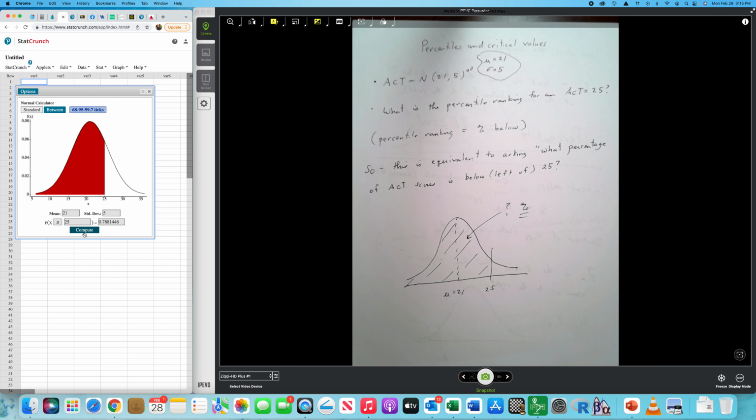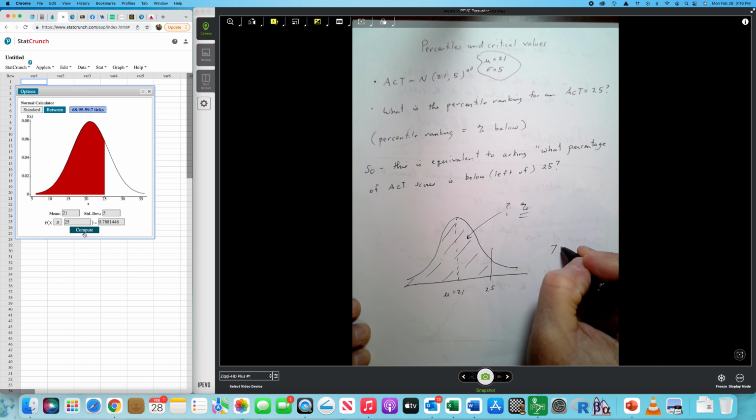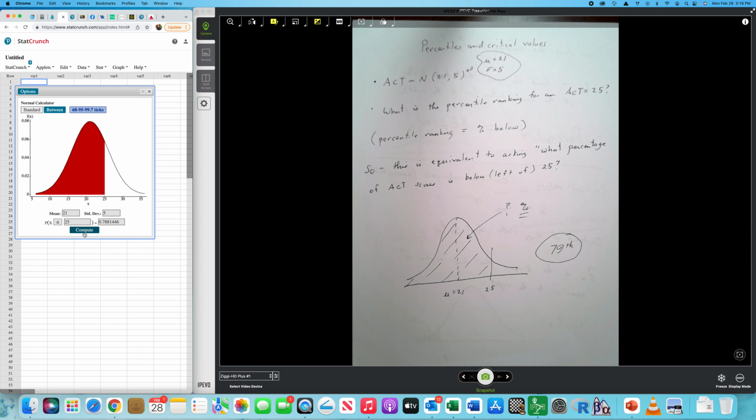We usually round percentiles, unlike percentages or proportions. If I was just going to find the area to the left, I would report 0.7881. But how we typically report percentiles is to the nearest percent. So I would say this would be the 79th percentile.